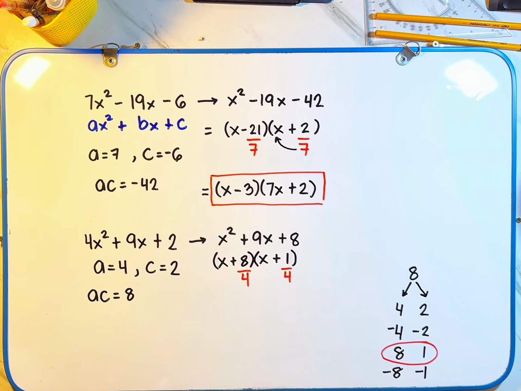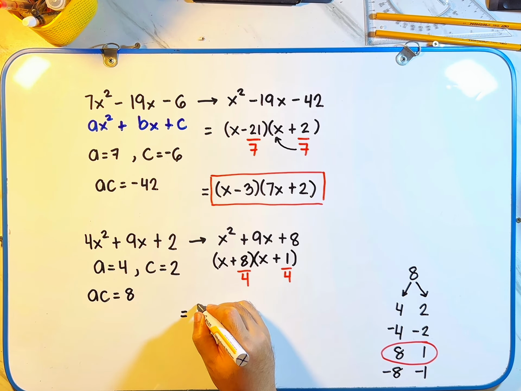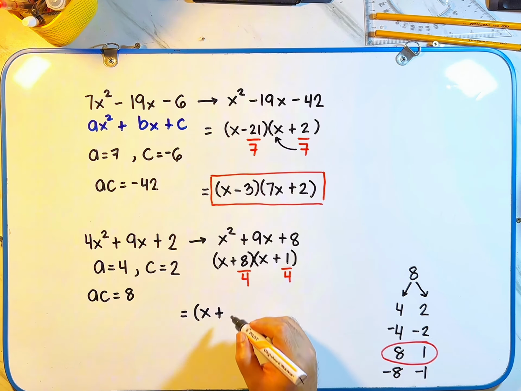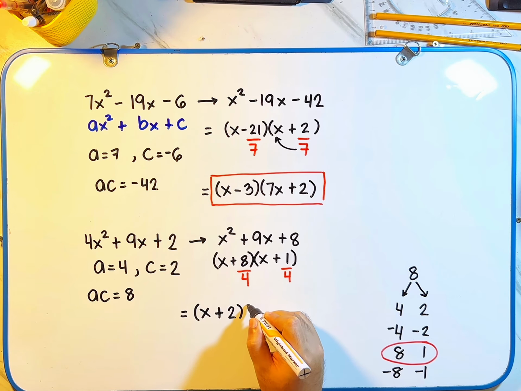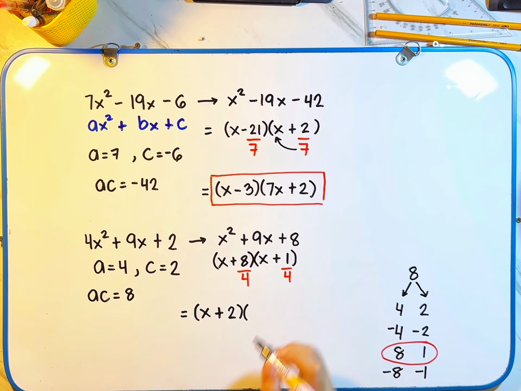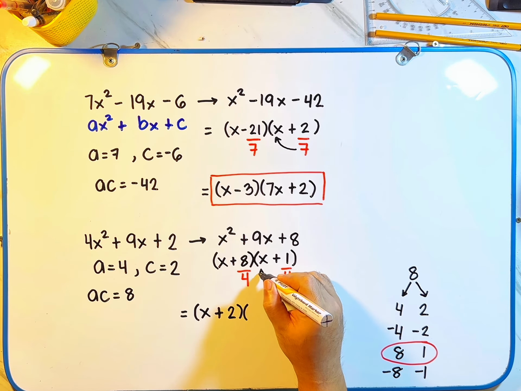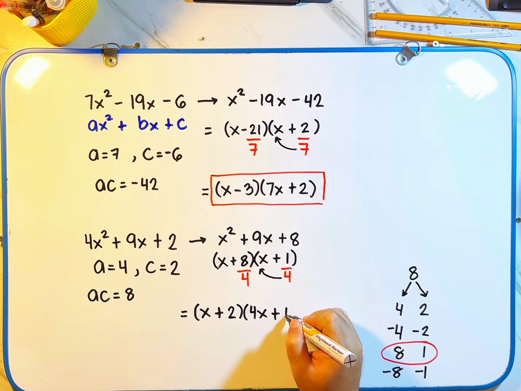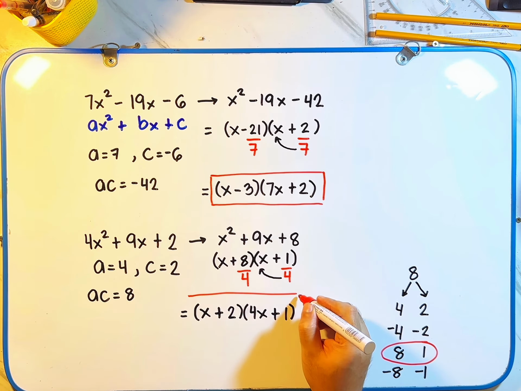Now let us simplify if possible. We have x plus 8 divided by 4 is 2. For the other one, 1 over 4 cannot be reduced. So let's transfer 4 as a coefficient of x. So we have 4x and then plus 1. And this is the factored form.